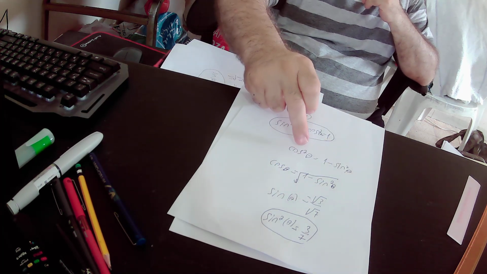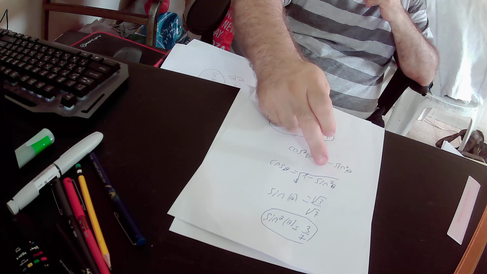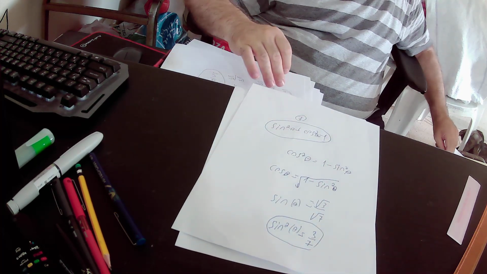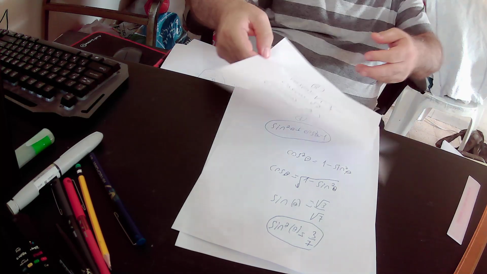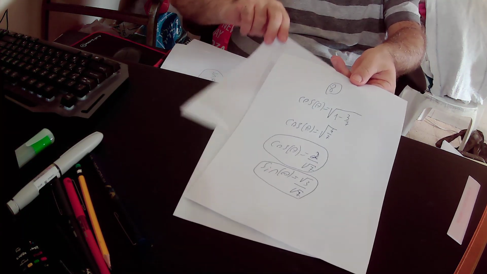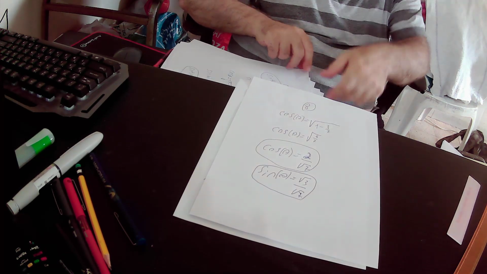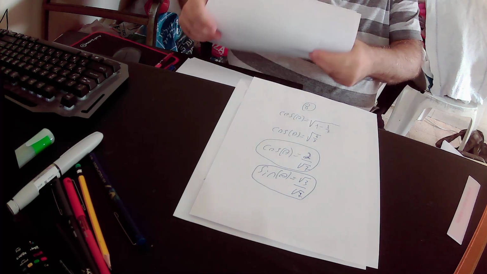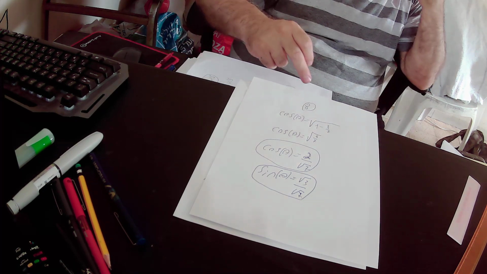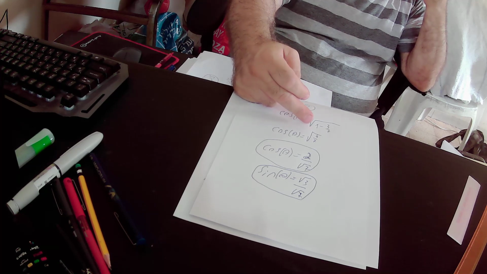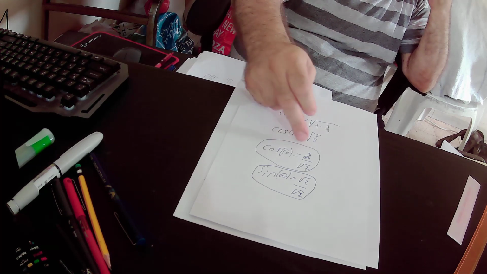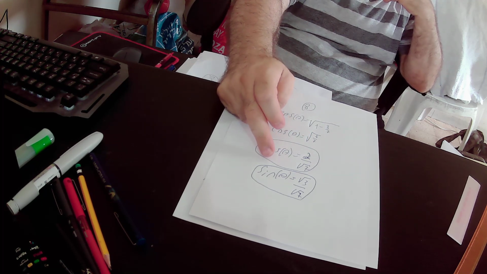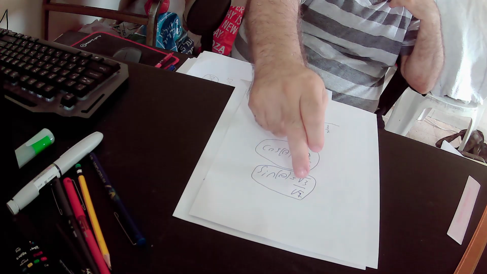So we substituted sine theta squared by 3 over 7, and we got that cosine theta equals the root of 1 minus 3 over 7. 1 minus 3 over 7 is 4 over 7, and the root of 4 is 2, so cosine theta equals 2 over root of 7, and sine theta is root of 3 over root of 7.